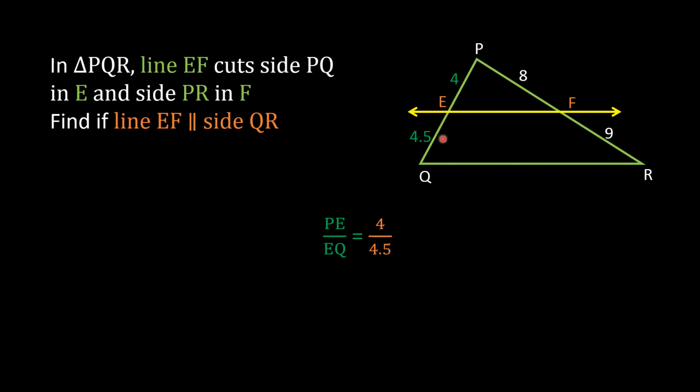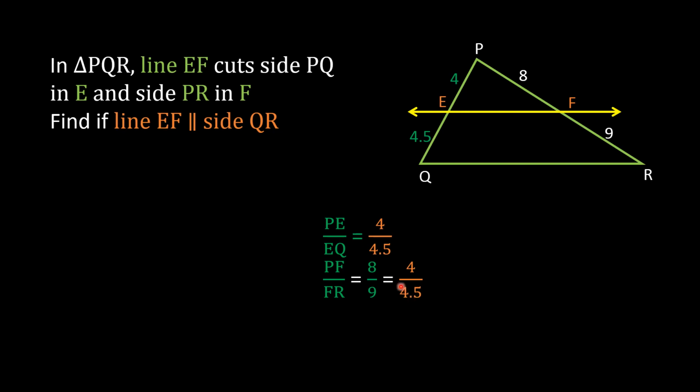Here, PE divided by EQ is 4 divided by 4.5 and PF divided by FR equals 8 divided by 9. 2 4s are 8 and 9 divided by 2 is 4.5.